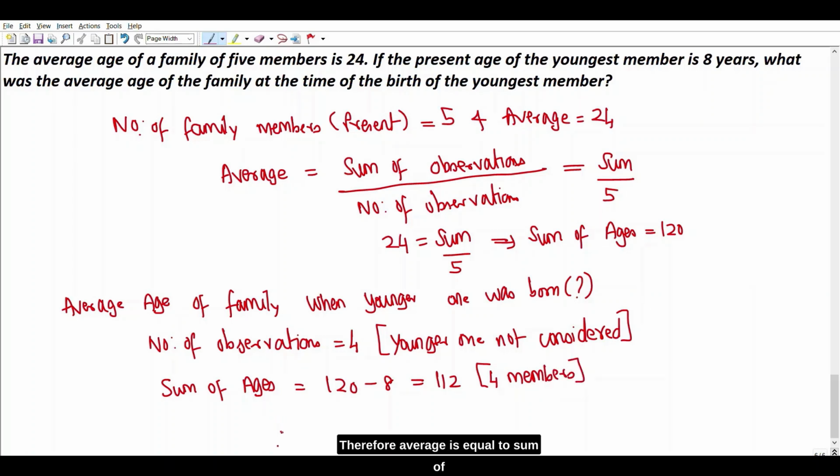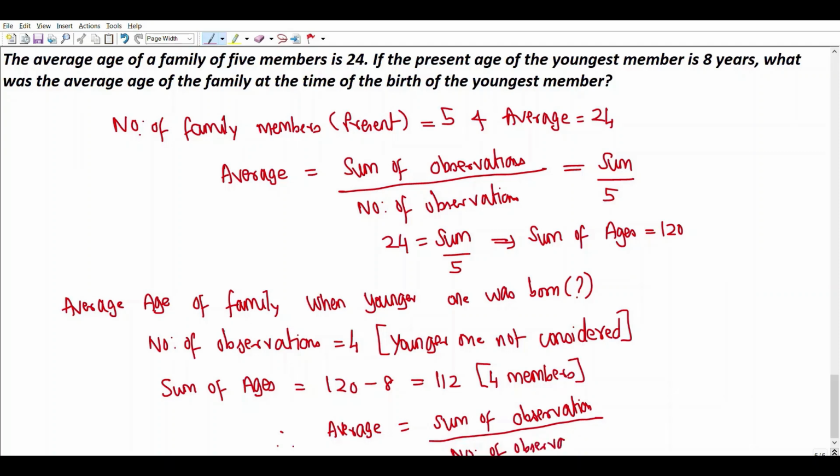Therefore, average is equal to sum of observations divided by number of observations. So here we failed to notice that if we are backtracking 8 years, then 8 years should be backtracked for all the other 4 members in the family.